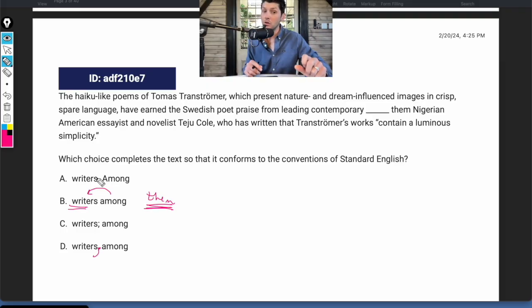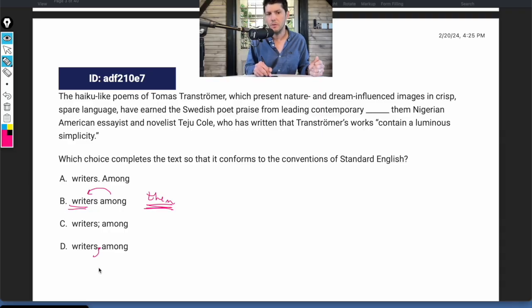So in this very hard question, the general rule about prepositions, we see that that general rule doesn't apply to this particular situation, right? Among them has to refer back to writers, and it can't do so unless we break it apart.